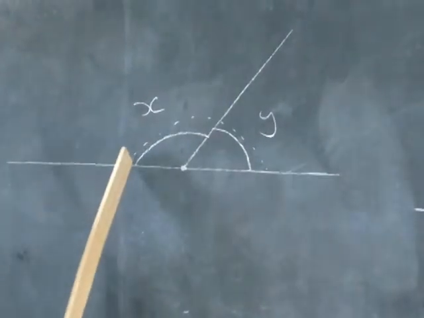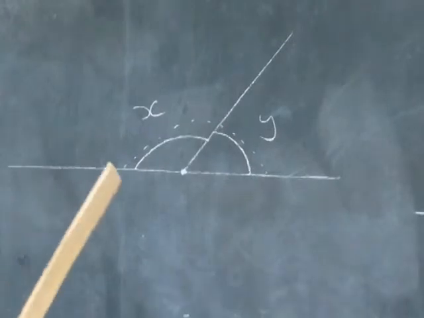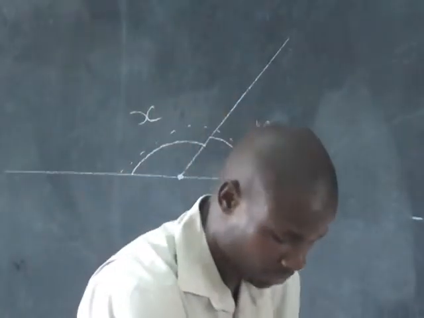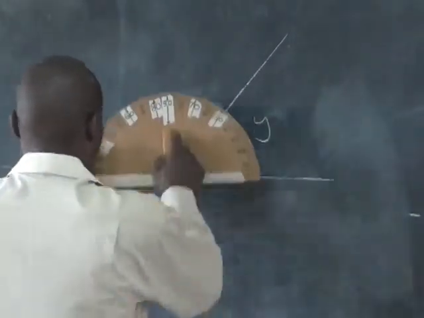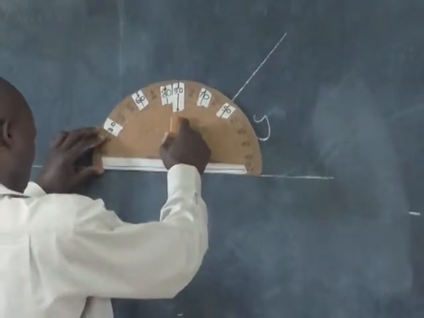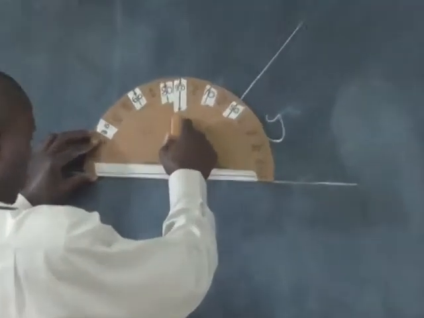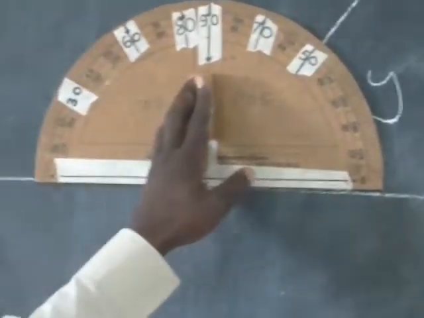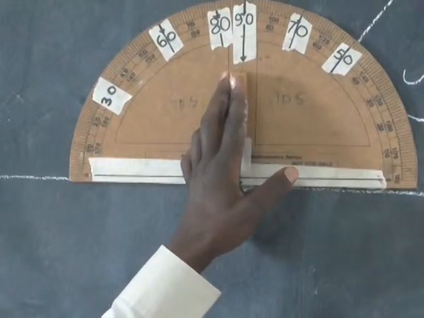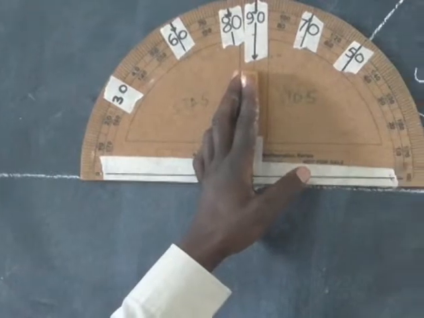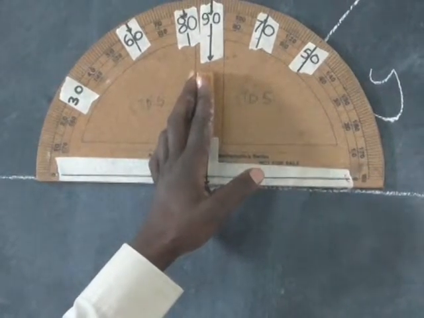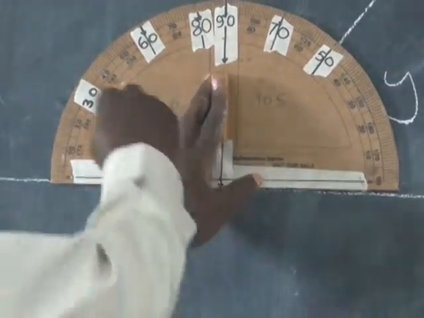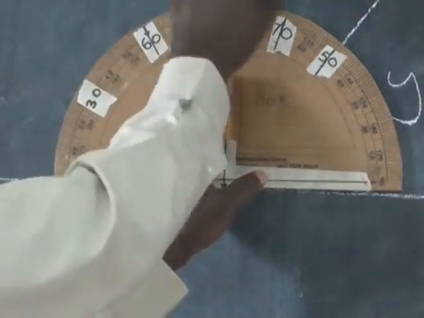If you measure this angle X, what do you get? Let us measure it. And when you are measuring angle X, which scale are you going to use? Place here, you use the outer scale.